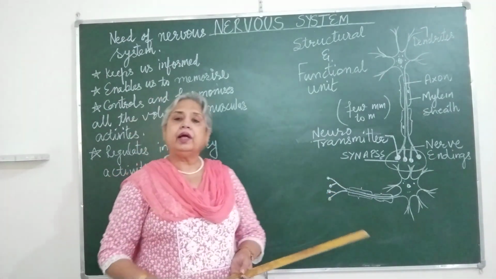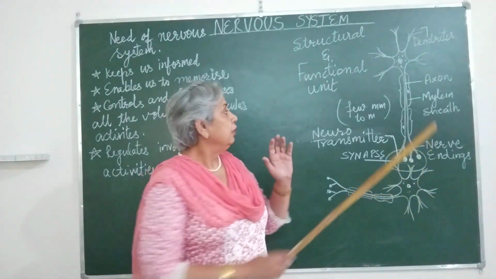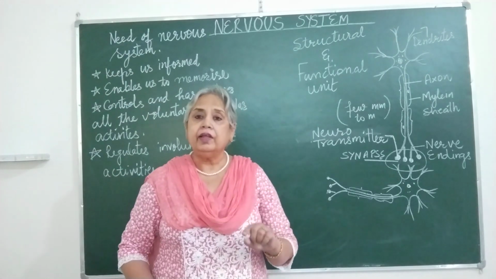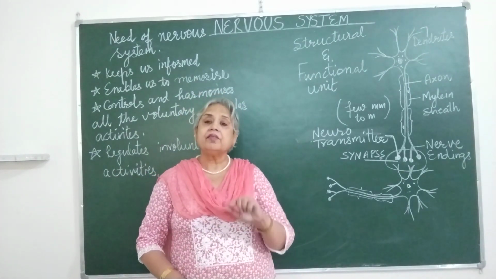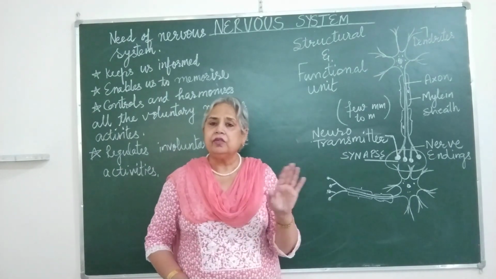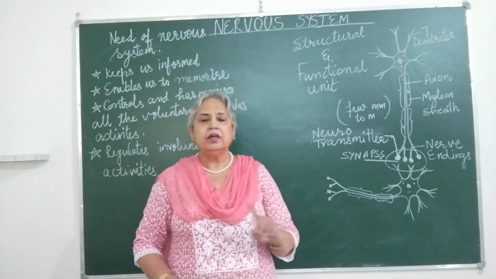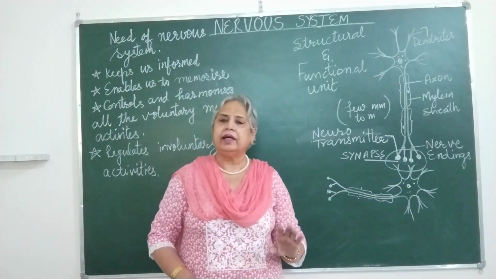But here I would like to tell you children that this nervous system, our nerves, yes, they use electrochemical impulses, but just like normal electricity, there is no flow of electrons or any other substance. There is no movement of any substance, either electrons or anything else.